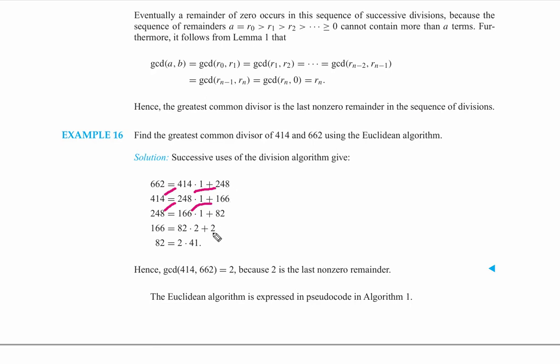So these remainders are getting smaller. 166 divided by 82. Okay, now we're making some progress. That goes in twice, remainder 2. And then 82 divided by 2 goes in 41 times, remainder 0. So this was the last non-zero remainder, so the GCD is 2.